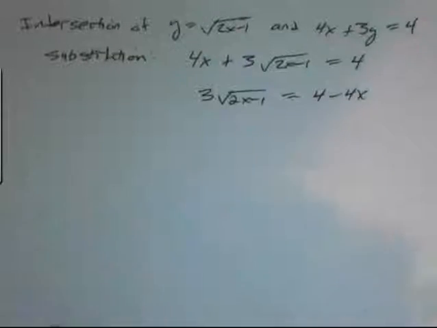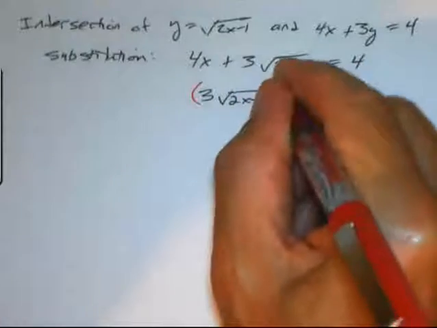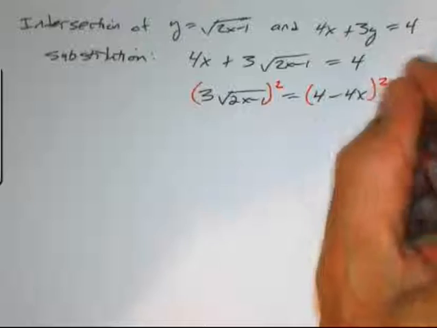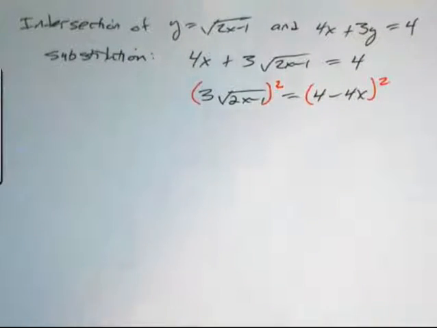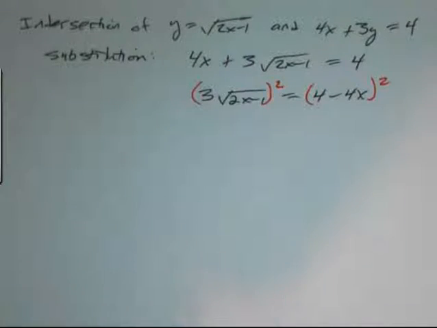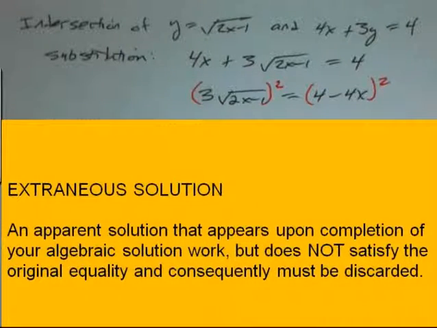Alright, and it's time for squaring both sides to eliminate the radical, but it's a bit of an algebraic risk in that extraneous solutions could now be brought in. By the way, that term extraneous solutions means a solution that appears at the end of your solution process, but does not solve the original equation, is not then a solution at all, and must be discarded.